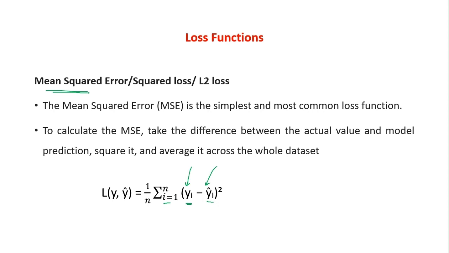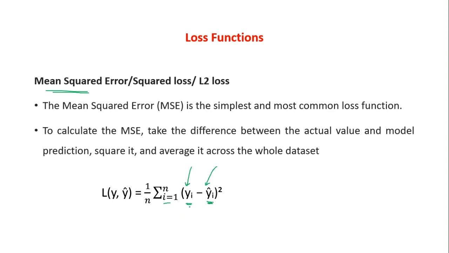We have already learned mean square error while we discussed linear regression in the machine learning class. Mean square error means we will find out the difference between actual and the predicted or estimated output, then we will take the square of that, then we will sum it up for all the samples, then we will divide the summation result by the number of samples.